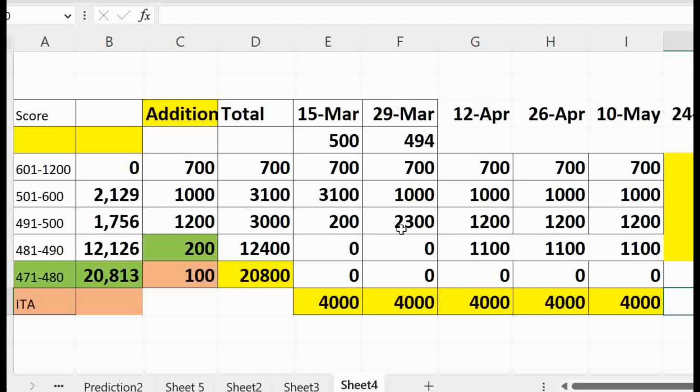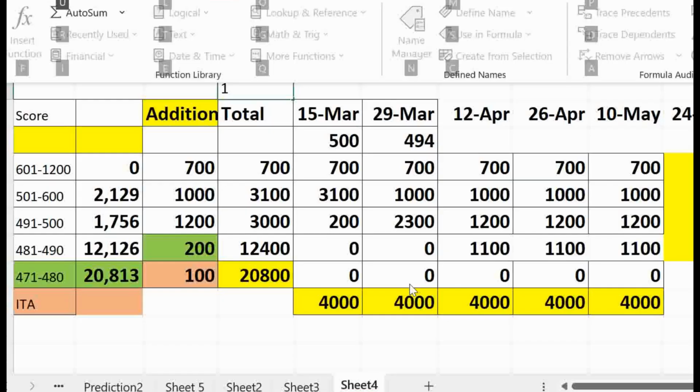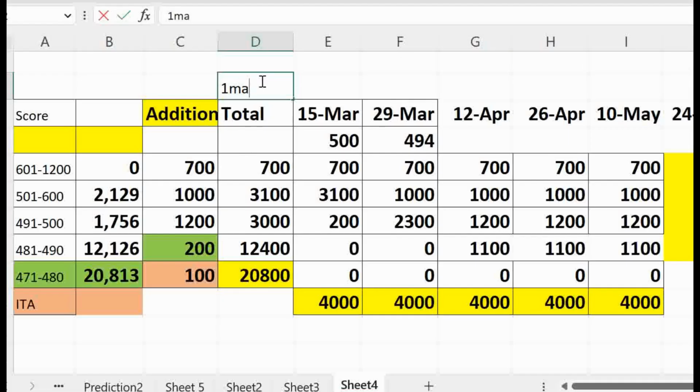Then in this slab we have picked up 2500; 3000 was the balance as on 1st of March. 2500 have been picked up, 1200 on 15th of March and 1200 on 29th of March have been new additions. That means 2400 are the new additions.